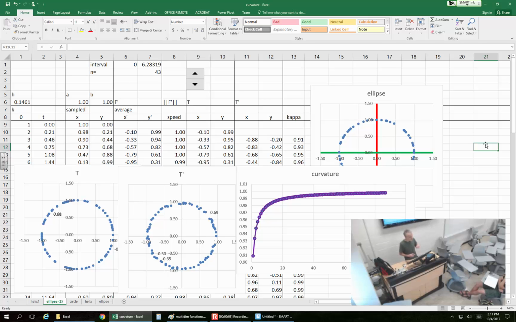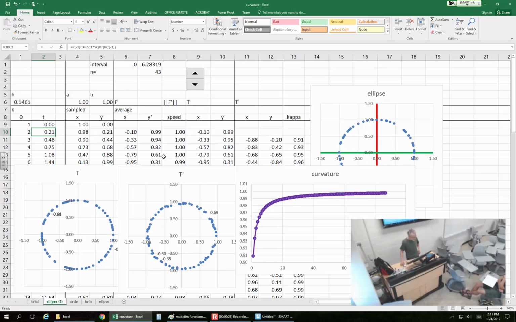So this is a circle, but it is not parameterized with a constant speed, but rather a variable speed. I did nothing to these columns, so it's all applicable to any curve, and in particular to curves parameterized in any other way.